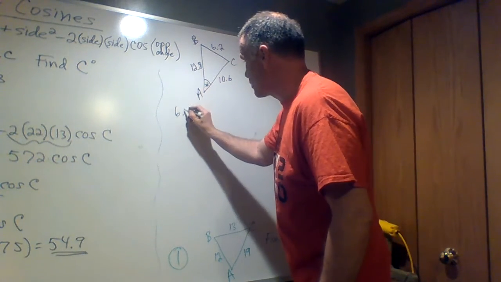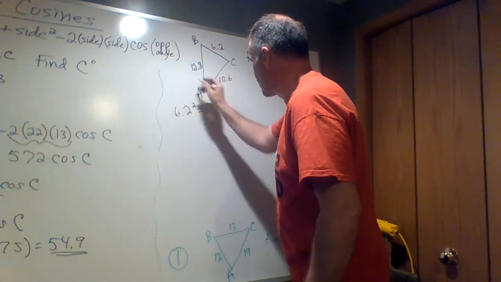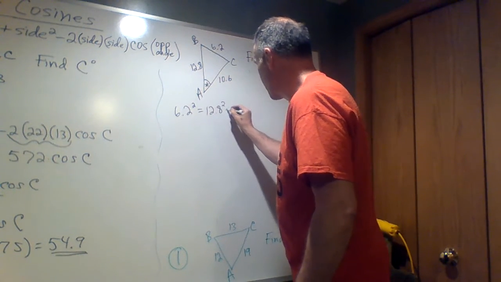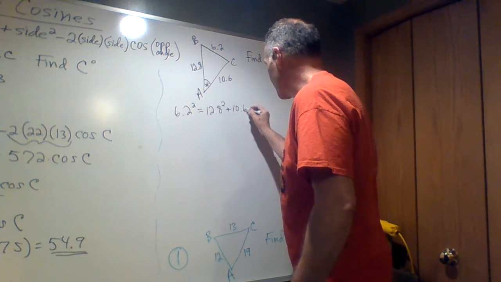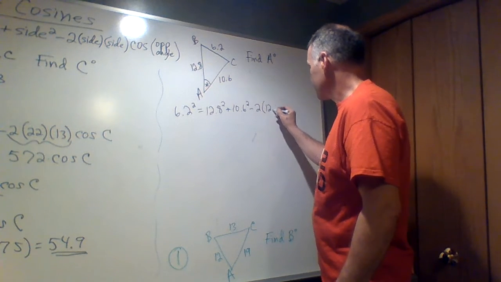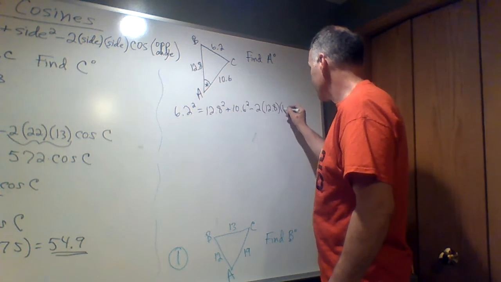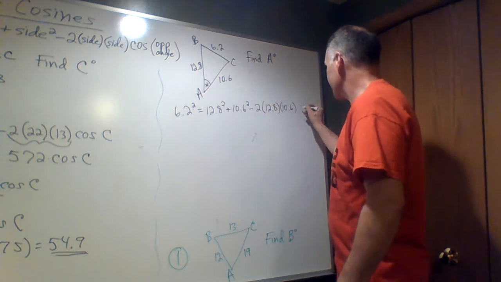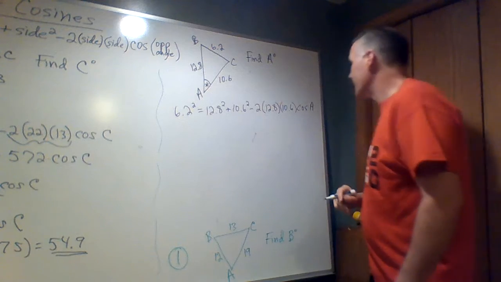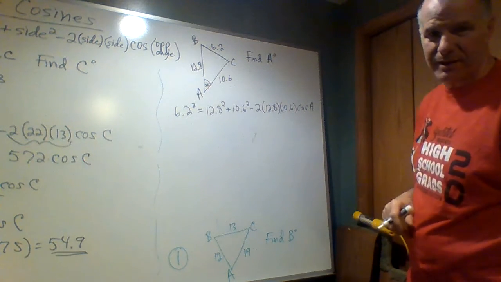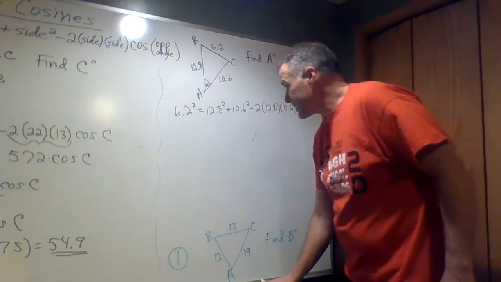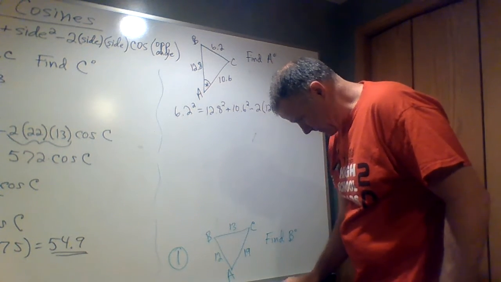So 6.2 squared equals, and the order of the other numbers doesn't matter, 12.8 squared plus 10.6 squared minus 2 times 12.8 times 10.6, times cosine of angle A. Everybody see that?